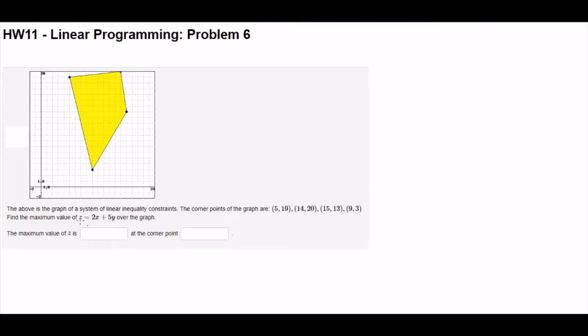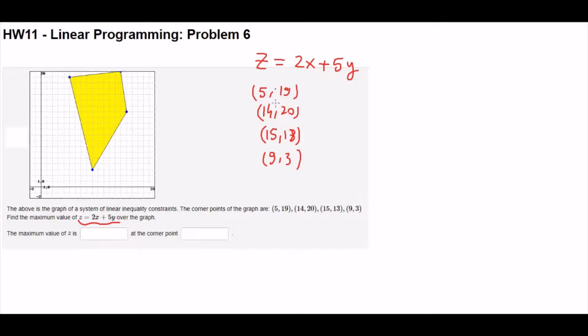So our objective function is z is equal to 2x plus 5y, and we were given the vertices, which are (5, 19), (14, 20), (15, 13), and (9, 3). Since we're going to find the maximum, we need to plug corner values into the objective function.